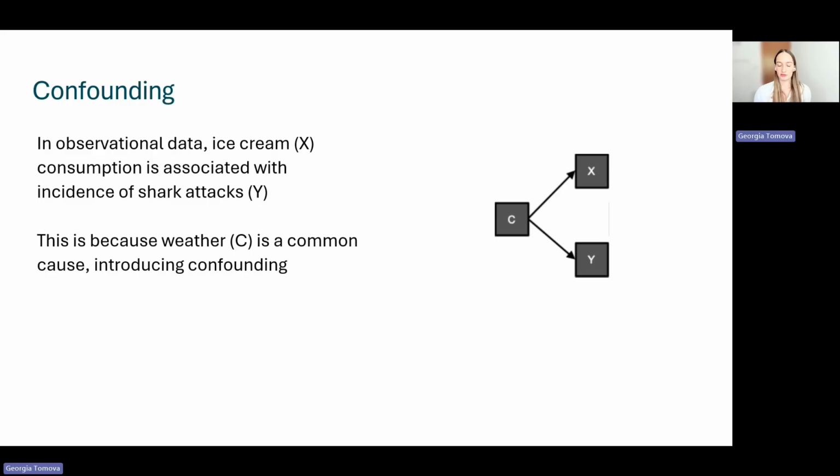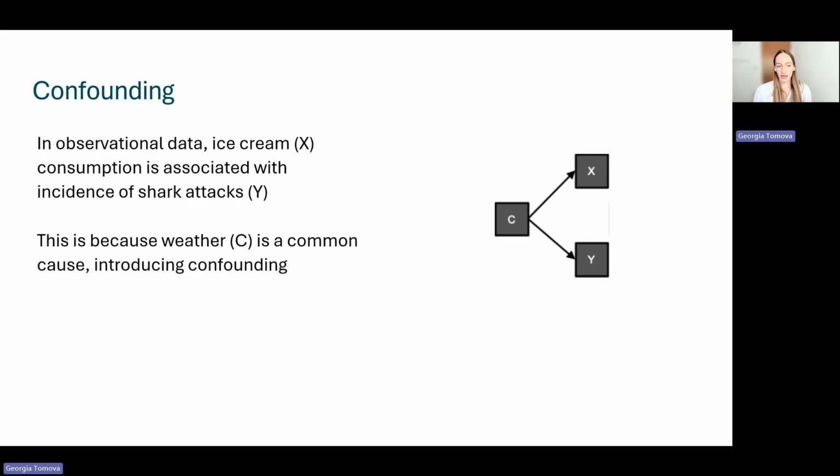One of the classic examples to understand confounding more intuitively in DAGs is this: suppose we collect some observational data, we might observe that ice cream consumption is associated with the incidence of shark attacks. So we depict in the figure ice cream as X, the exposure, and the incidence of shark attacks as Y. And we know that this is because weather is a common cause of both consuming more ice cream and potentially going into the ocean and exposing ourselves to sharks.